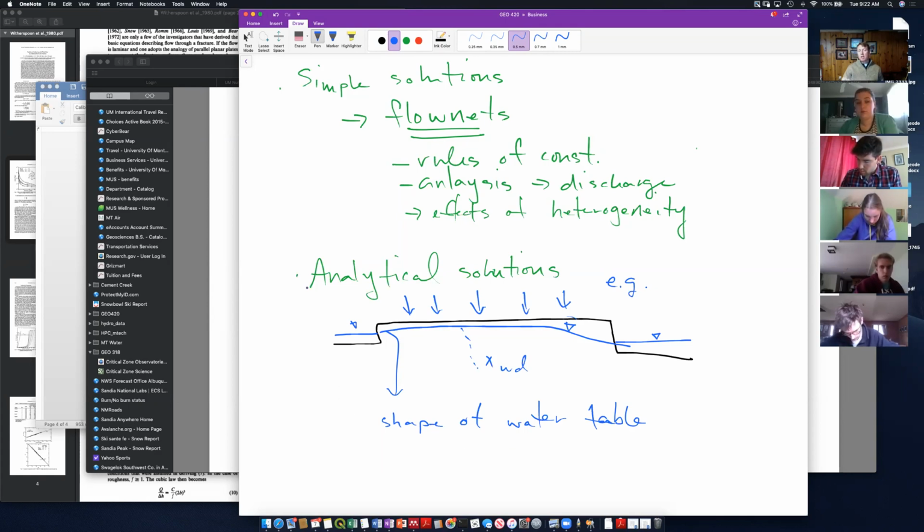I'm not necessarily highlighting this particular analytical solution, except that we threw out a few of these, so I want you to understand what an analytical solution is.